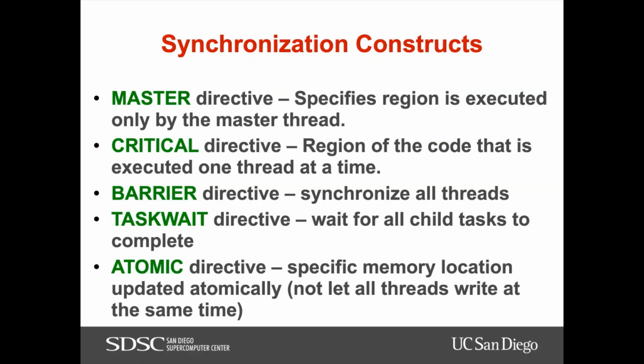There's critical that says you need to take the piece of code that is critical and execute it one thread at a time. Then there are barriers, and then there are wait directives for all the child tasks to finish. And there's an atomic directive which basically says a specific memory location should be updated atomically. That is, not all threads should be able to write it at the same time.